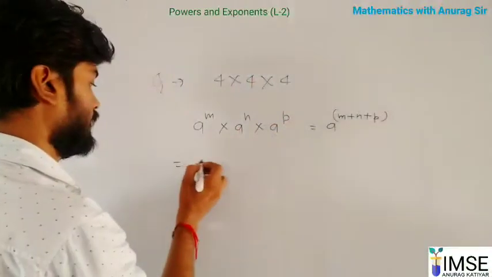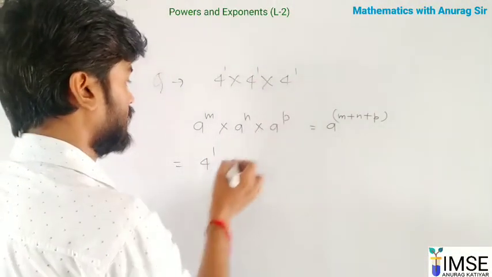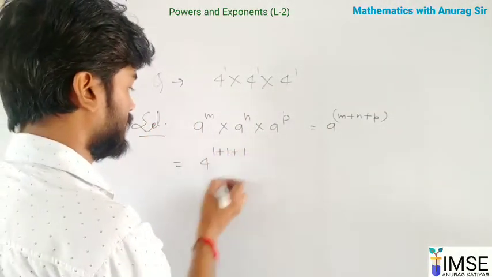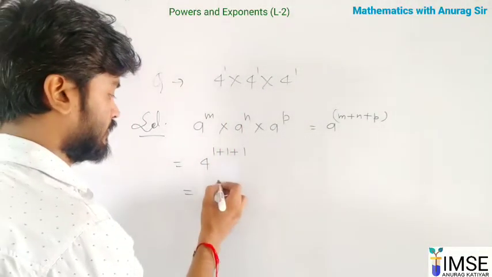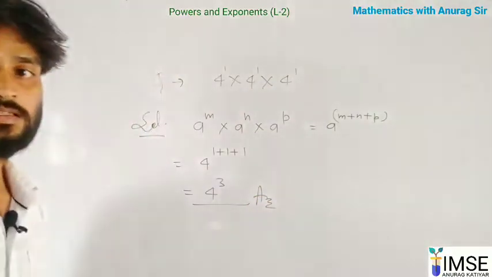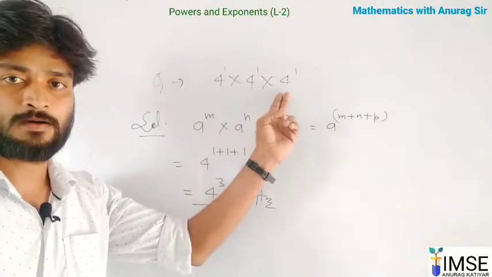So here we have 4 to power 1, here the power is 1, here 1 and here also 1. So we write 4 to power 1 plus 1 plus 1. So 4 into 4 into 4 in exponent form is 4 to power 3. This is the exponent form of the given number.